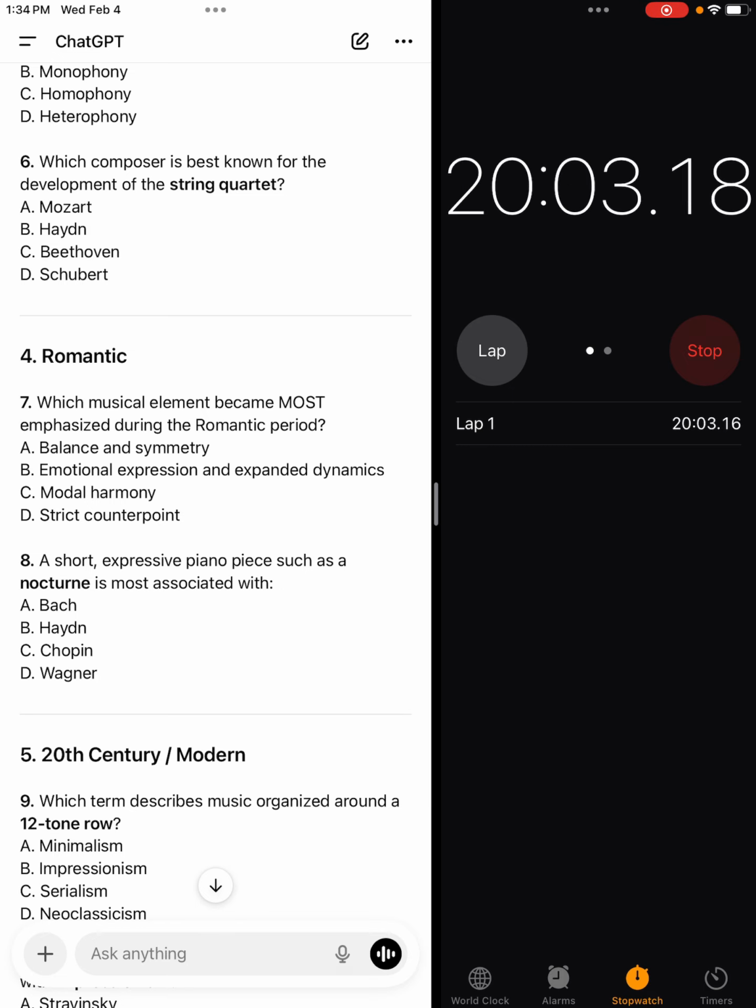Which composer is best known for the development of the string quartet?